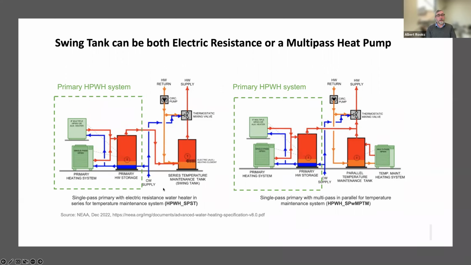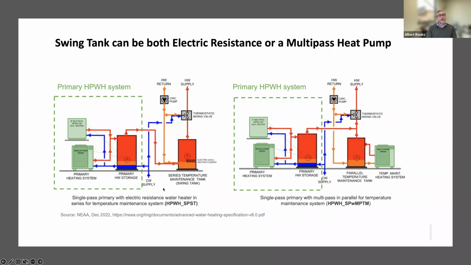These slides are courtesy of NIA, and there was a TRC report here last week at the Advanced Water Heating Initiative commercial heating group meeting. They were presented, and they're a great way to communicate these two things. In both the right section and the left section, primary water heating is the same.